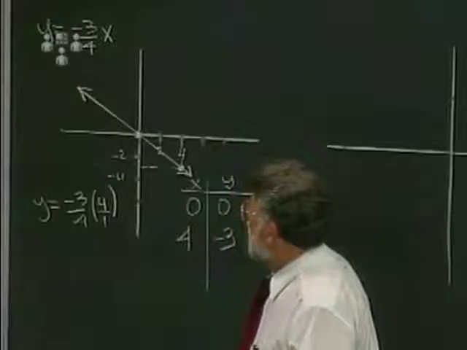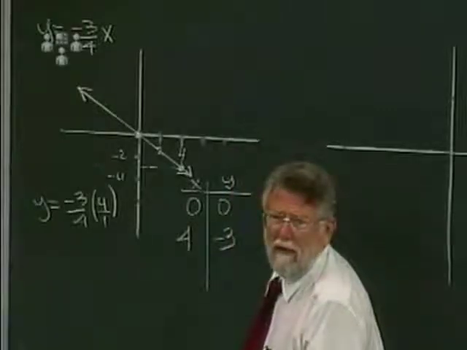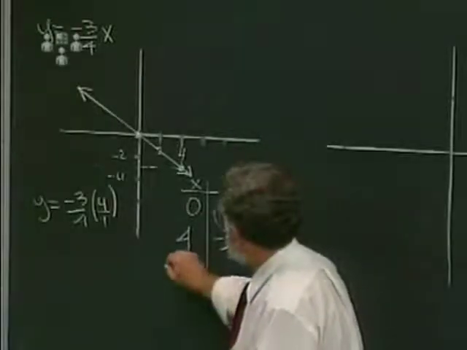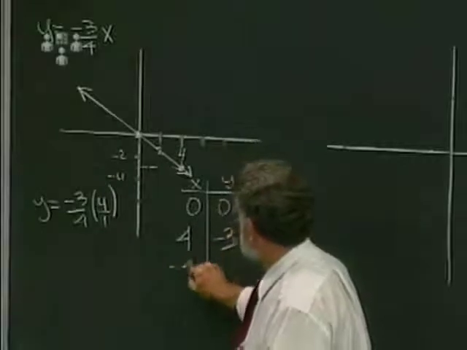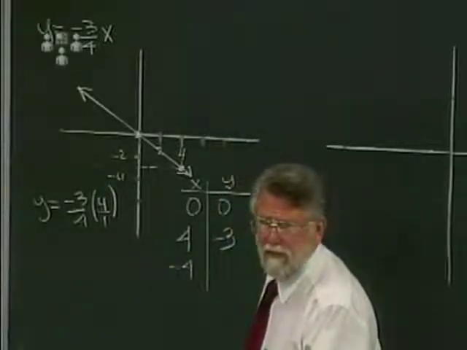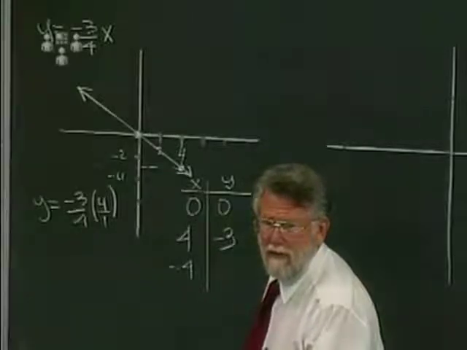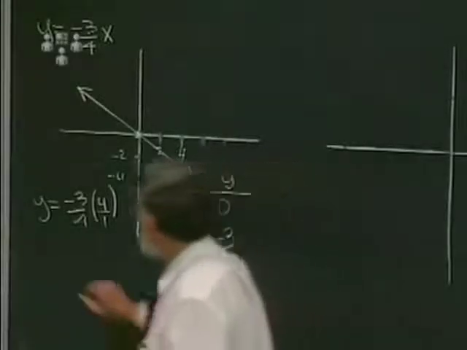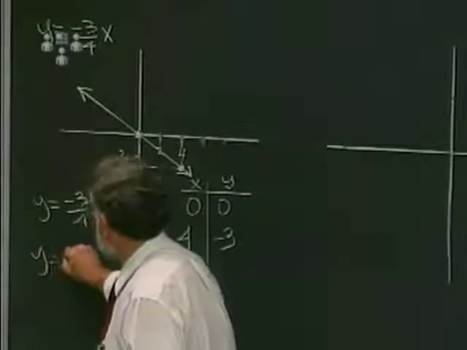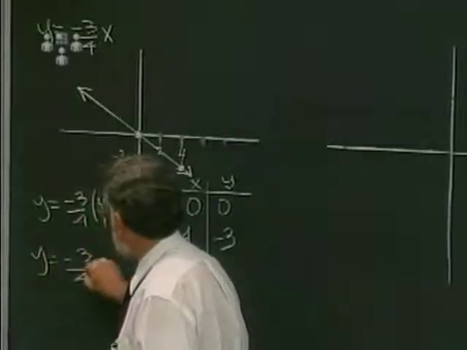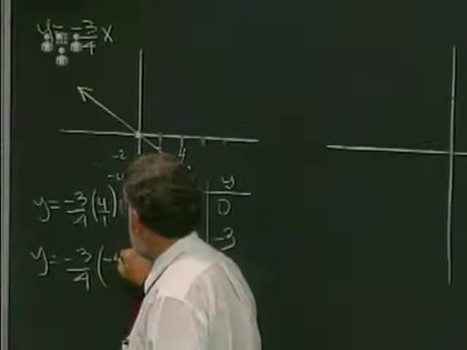So maybe let's take x at negative 4. How about x at negative 4? What will that give me? y equals negative 3 over 4 times negative 4 over 1.